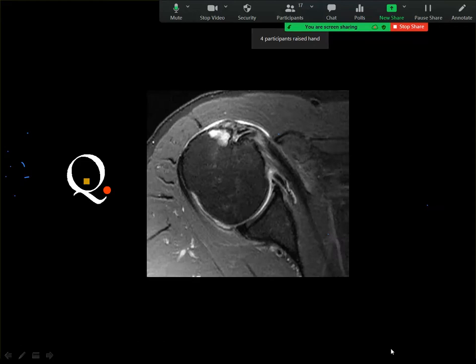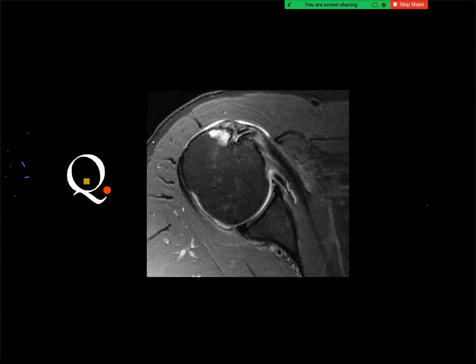This is an MRI of the shoulder. What is the problem here? Subscapular ligament tear. Subscapular ligament? There is no ligament. Tendon.